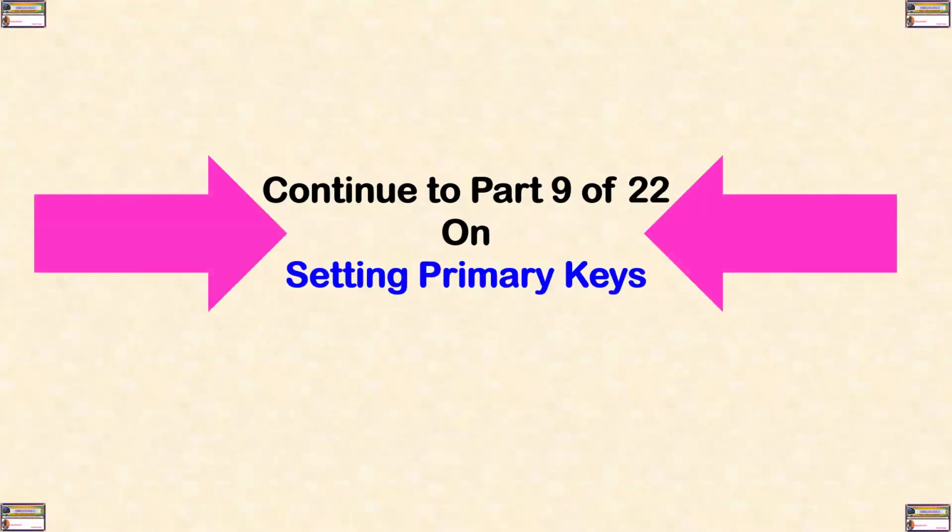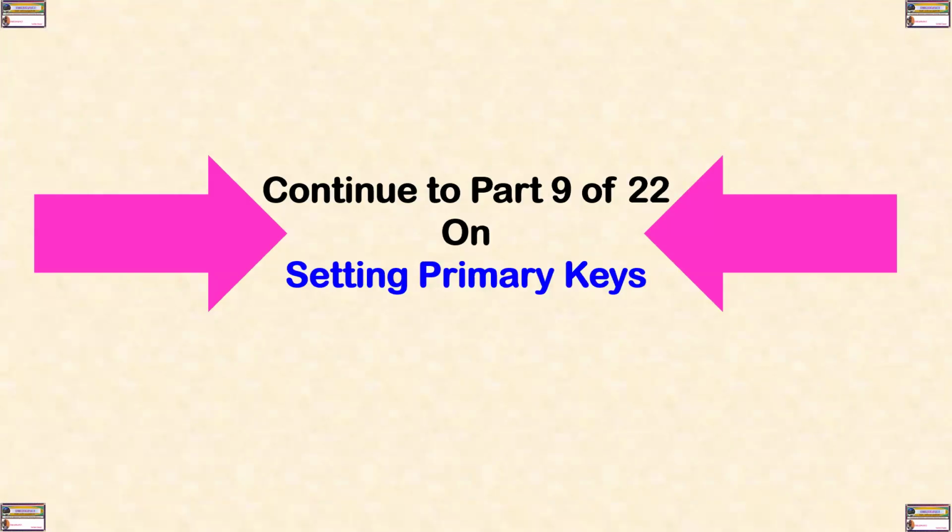And with that, my dear students and the rest of the learners, we have come to the end of part 8. You can now proceed to part 9 of the 22-part series in which we are going to learn about what we call setting primary keys, something that you have seen cropping up anytime we were saving our tables.